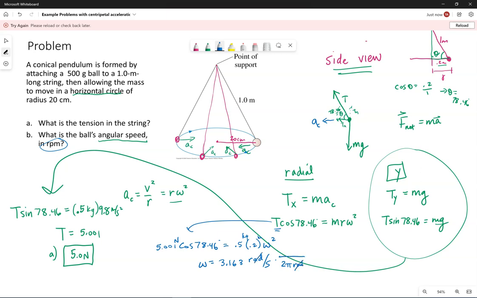We know there's 2 pi radians in a revolution, and there's 60 seconds in a minute. So the seconds will cancel, the radians cancel. I'm getting 30. I have at best 2 sig figs, so I'll leave it at that. Revolutions per minute.